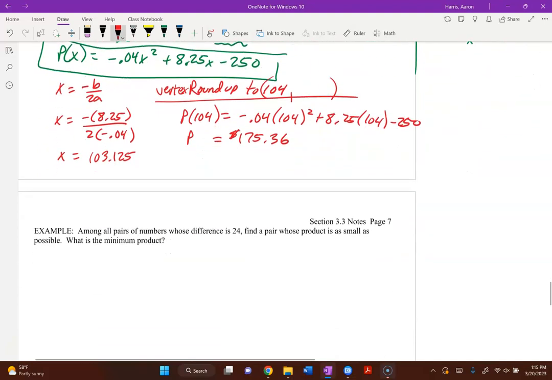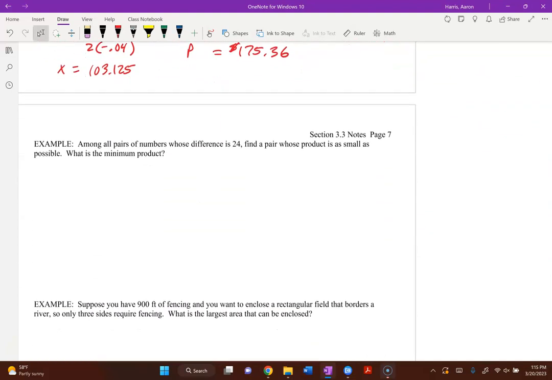Let's take a look at this. Among all pairs of numbers whose difference is 24, find a pair whose product is as small as possible. Pairs of numbers, the difference is 24. So let's let x and y be our numbers.